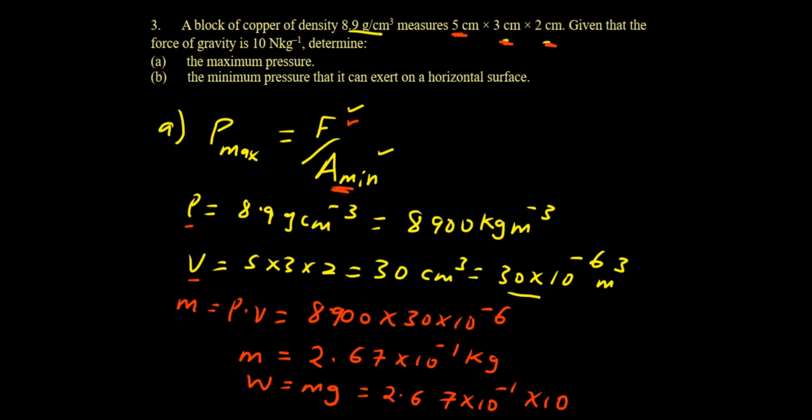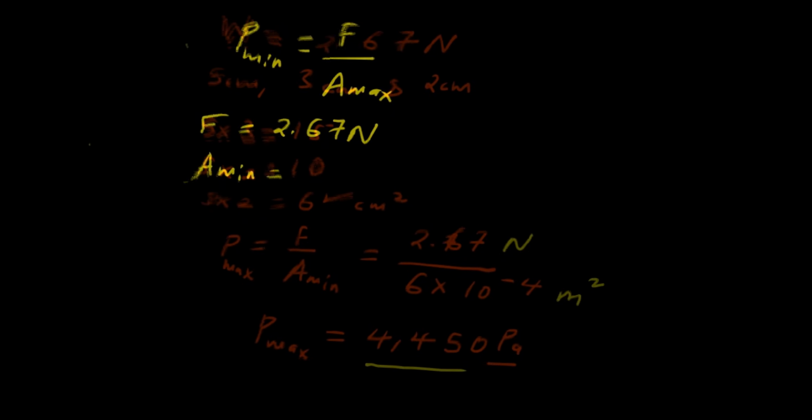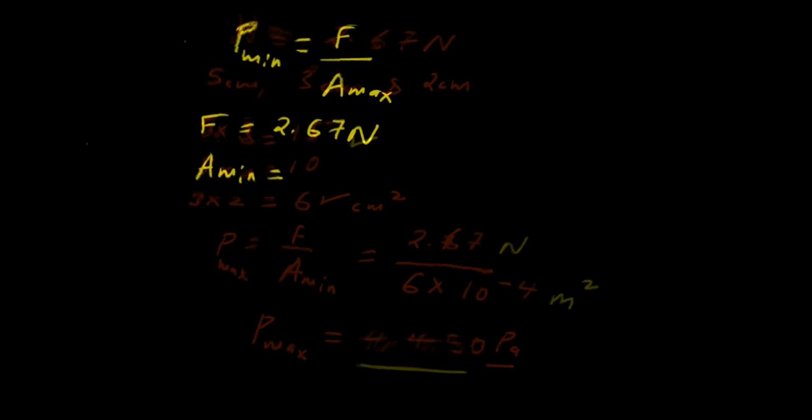For minimum pressure, that is part B of the question, we are going to write the formula for minimum pressure. We'll say P minimum is equal to force divided by A maximum. So we need a force, where the answer was 2.67 newtons, but for A maximum, the answer from what we calculated earlier was the largest area, that is 15.